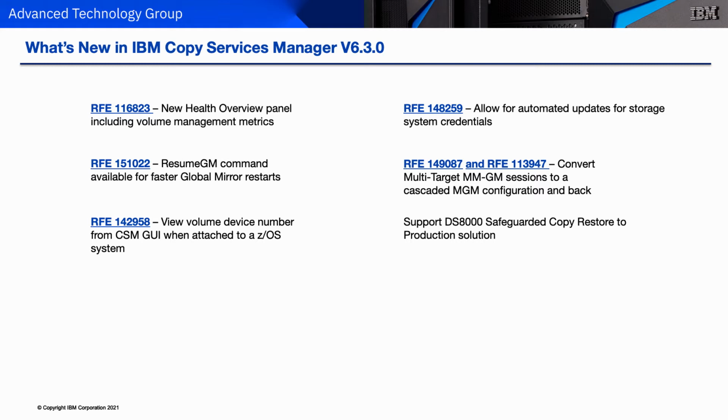We'll look at all the RFEs as we go along, and then we'll release this hopefully quarterly, but sometimes a little bit longer than that, but for the most part there will be multiple releases a year. All that stays the same, but we're now under the 6.3 release. Here's a quick list of what's new and changed, and I'll go into each of those individually now.